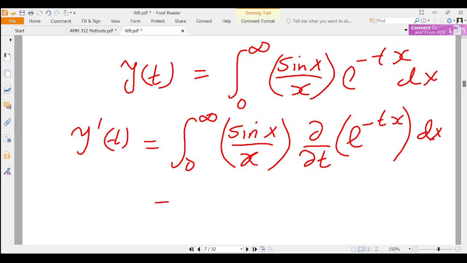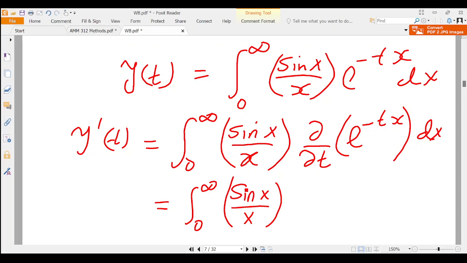When we differentiate e raised to power negative tx with respect to t, we get negative x e raised to power negative tx. So this will give us sine of x divided by x, multiplying minus x e raised to power negative tx dx.